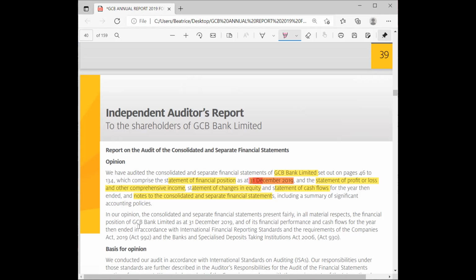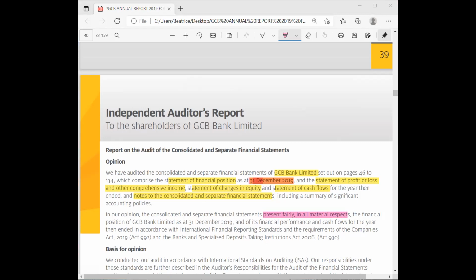The fair presentation framework is where they say that, in our opinion, the financial statements present fairly in all material respects the financial position of the organization. So that's the fair presentation framework.